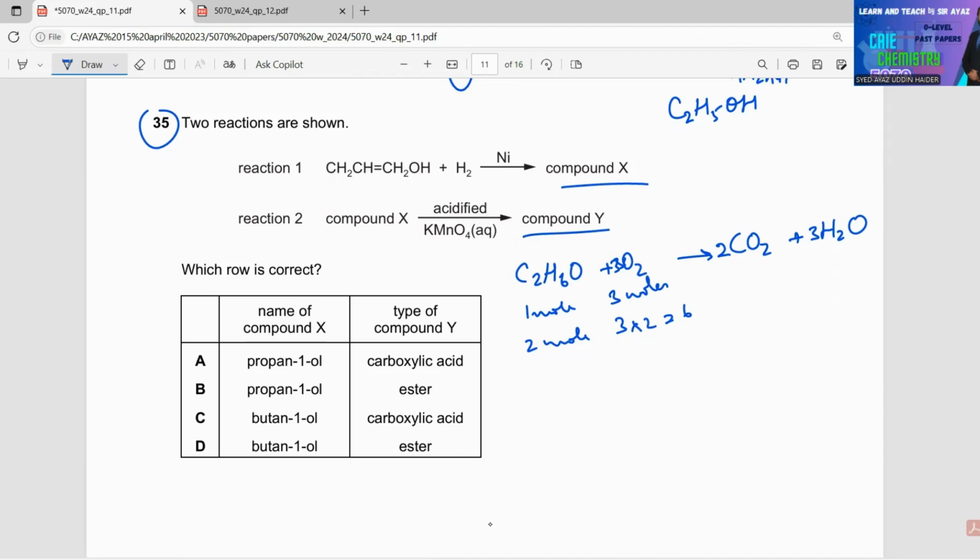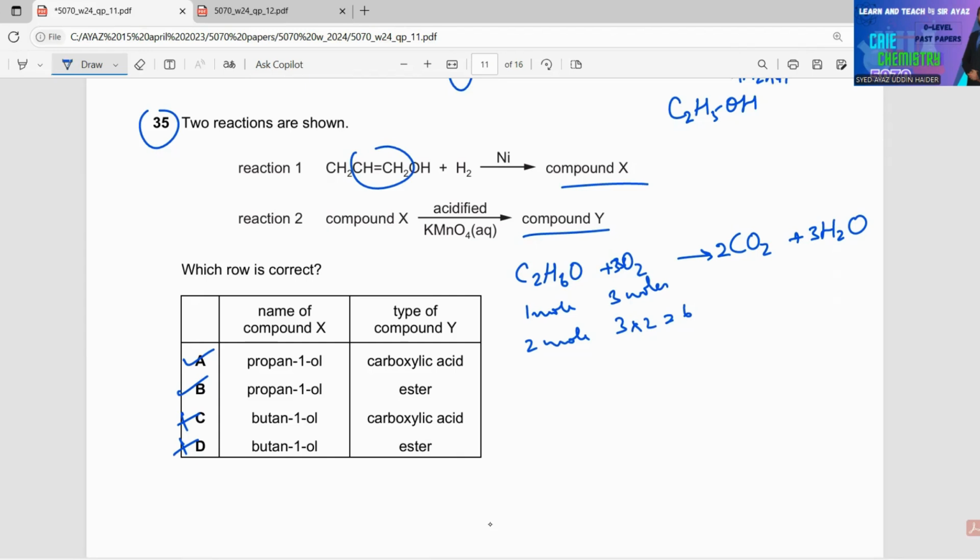Name of compound X. So this reaction involves saturation of these bonds. So you will definitely get, this one is 1, 2, 3 carbons here, so you will get propan-1-ol. So either A is correct or B is correct. Both C and D are incorrect.